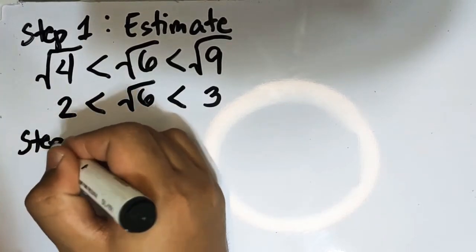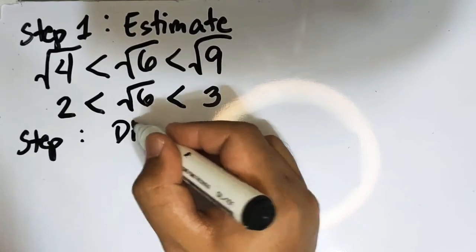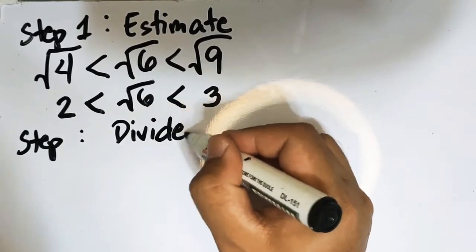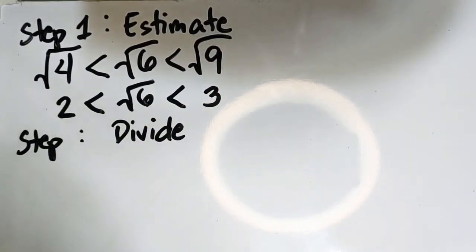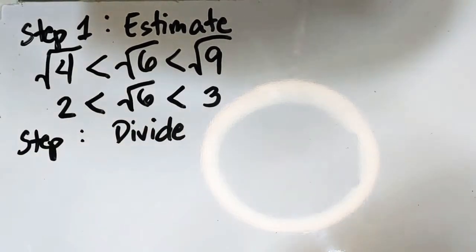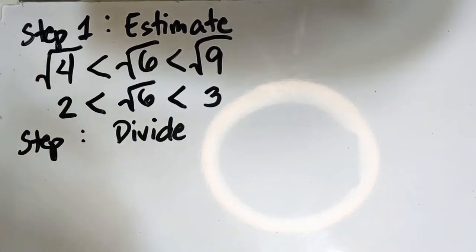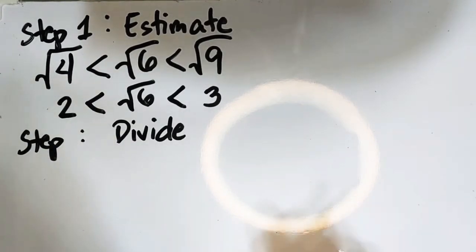Susunod na gagawin ay magdi-divide tayo. Okay? We will divide. Anong di-divide natin? I-divide mo yung number na given sa isa sa mga roots natin. Okay? So, either 2 or 3. Pero let's just use 2.